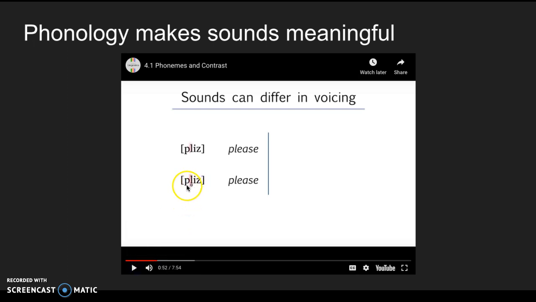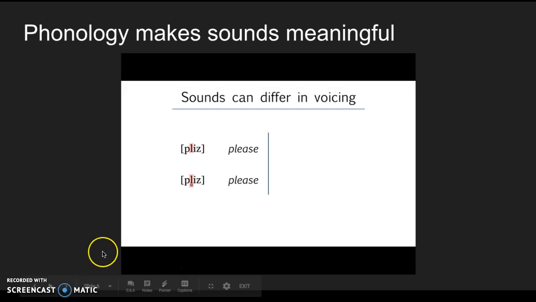So you'll notice that we looked at these diacritics back in the IPA, that little mark underneath that shows that this normally voiced sound is now devoiced. That's what that little circle means. But if I pronounce the word either way, it means the same thing. The voicing difference in this environment is not meaningful in English, and most people never notice if the L is voiced or not.